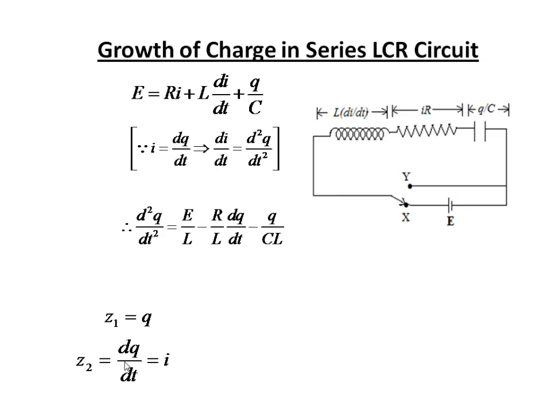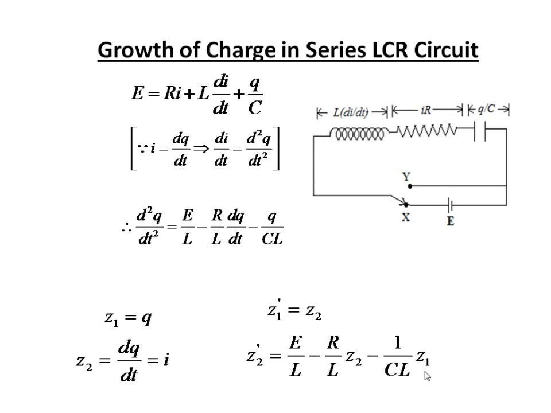So this will give me two first order linear differential equations. Z1 prime is equal to Z2 and Z2 prime is equal to E by L minus R by L times Z2 minus 1 by LC times Z1.